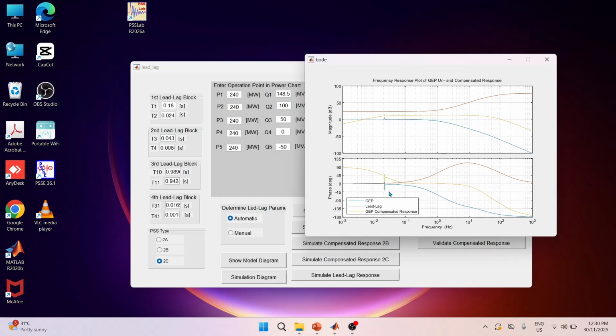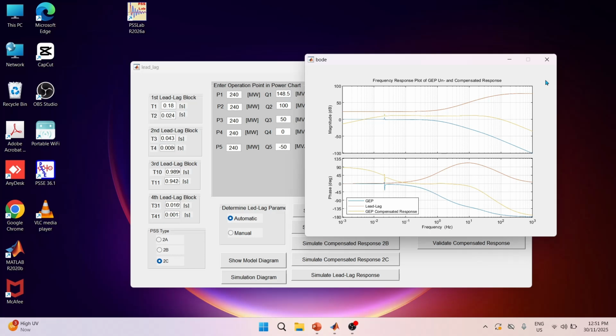A frequency response pops up on the screen with 3 curves. The blue one, which is the uncompensated frequency response, the yellow one, which is the compensated response, and the red one, the response of all 4 lead lag blocks. Here left, we've got the parameters of all 4 lead lag blocks.